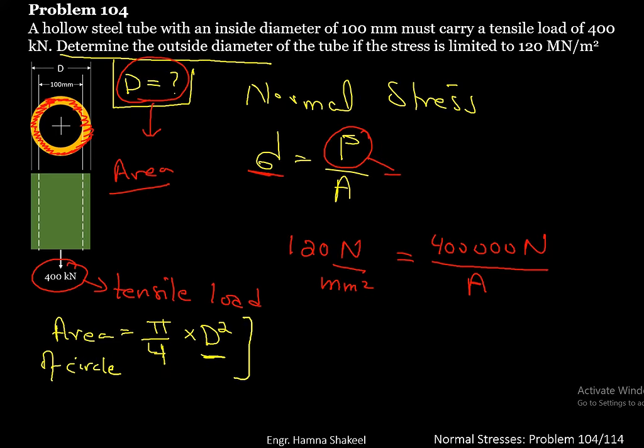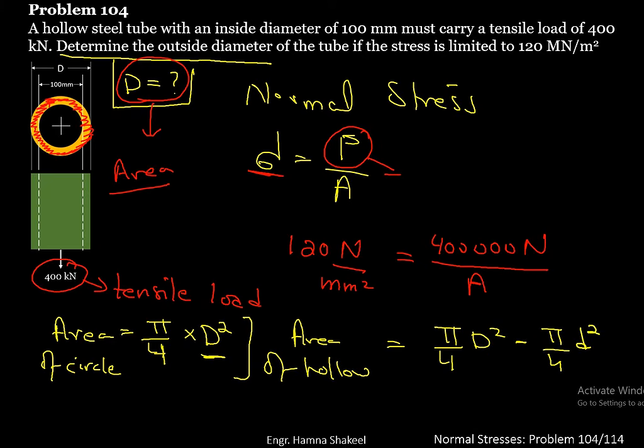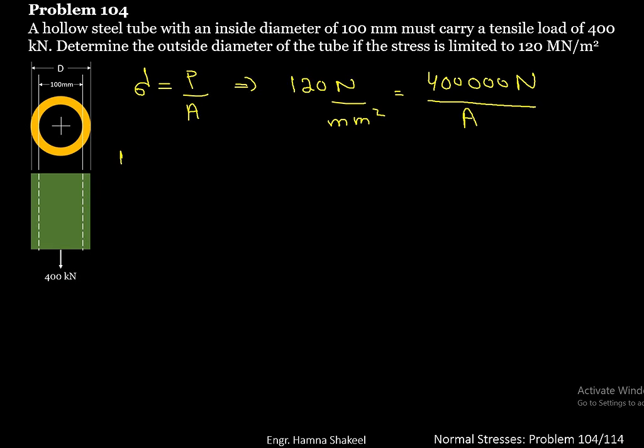So the area of the hollow steel tube becomes pi by 4 D square, where capital D is the outside diameter, minus pi by 4 into the inside diameter square. So this is the formula for the area of a hollow tube. Let's plug in this value in the equation and see what happens.